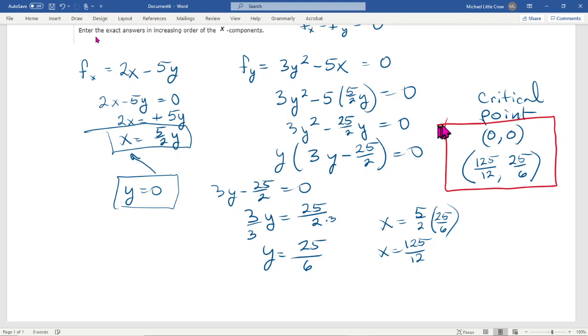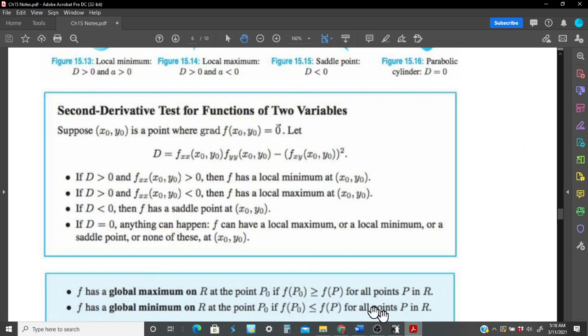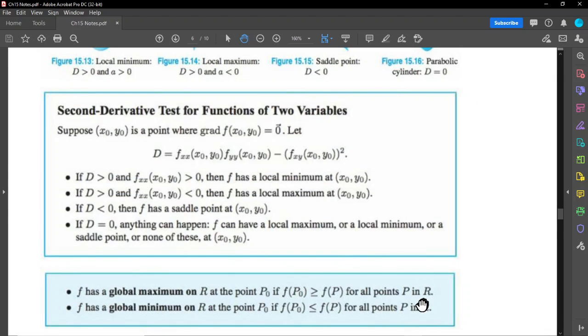So to understand what's happening at those critical points, we use the second derivative test. And what is the second derivative test? From our notes from Chapter 15, the second derivative test for functions of two variables.